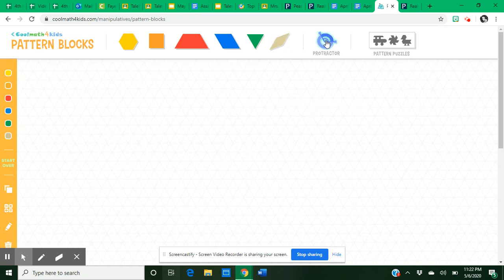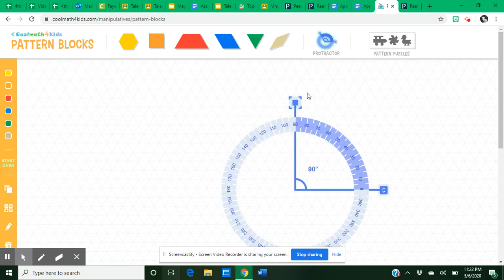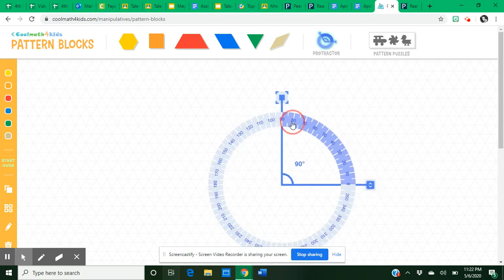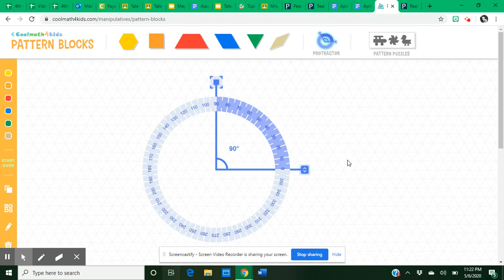A protractor is something that we're going to be learning about how to use in the upcoming lessons, but I'm going to give you an idea now. So I'm going to click the protractor. A protractor is a tool that we use. You'll see them at school. They don't usually have this big circle. We usually have half protractors, so they look like a little half moon.